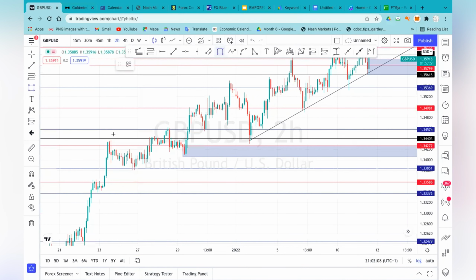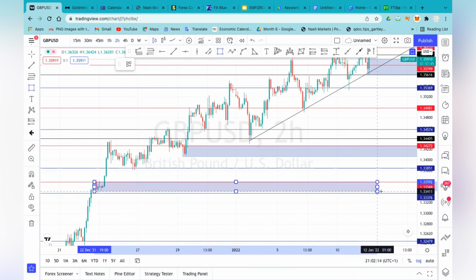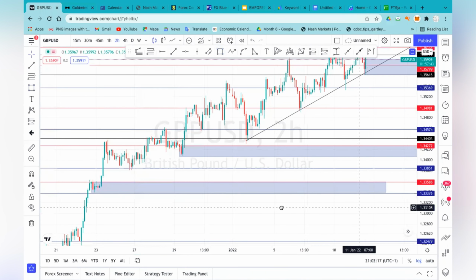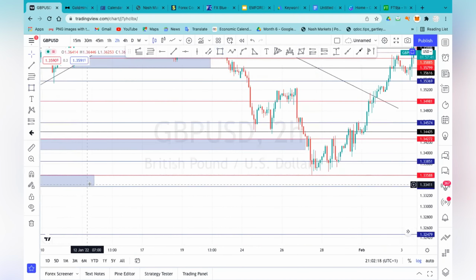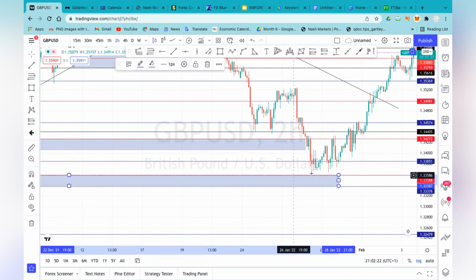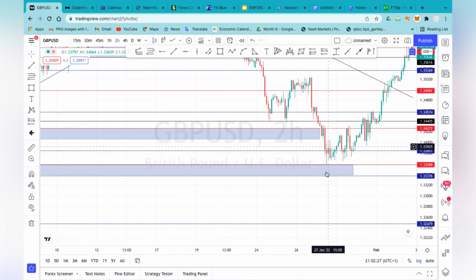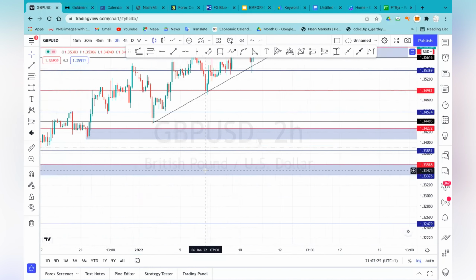So let's see this zone. Let's see if there's anything there, if the market got there. Okay, so it just dipped in immediately, it just touched the zone. Just one wick rejection and the market did not come back there again.